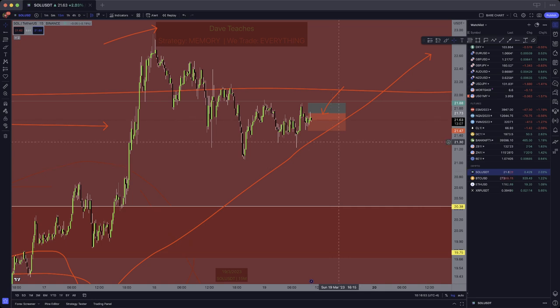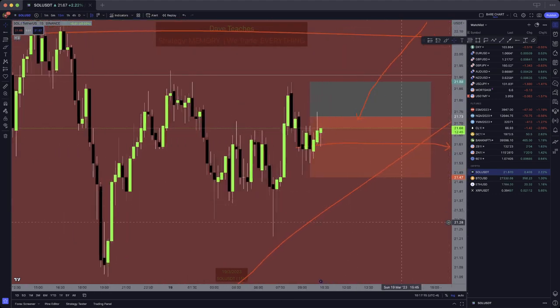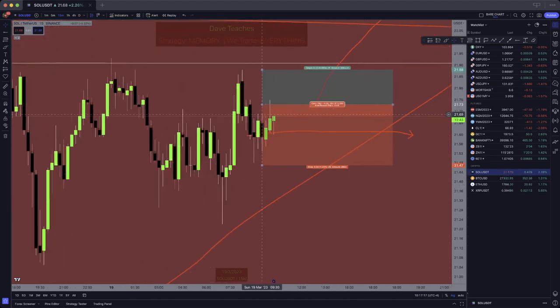Because these same people at this entry, I promise you, when price got halfway to their stop right here, they cut. And then when price makes its way back up into this wick right here, guess what? They're trying to sell the wick. They cut. In this entry, they cut. And now you're trying to sell the wick.